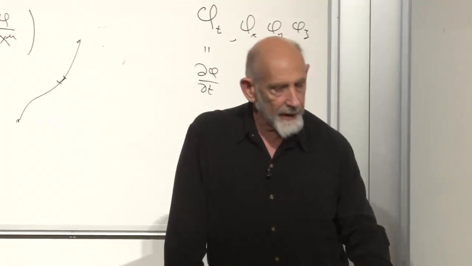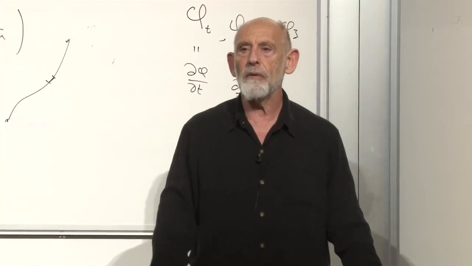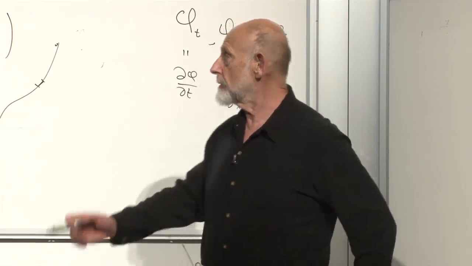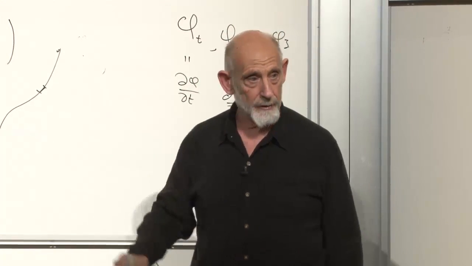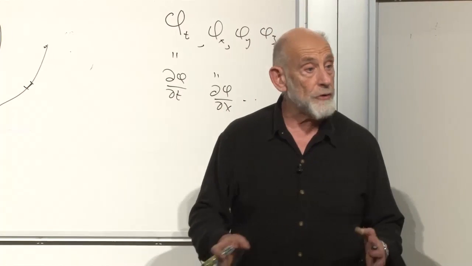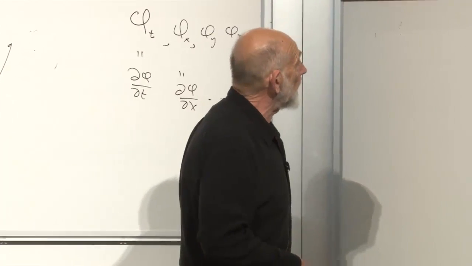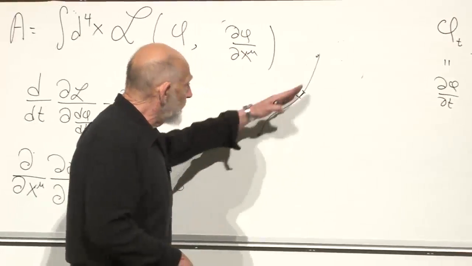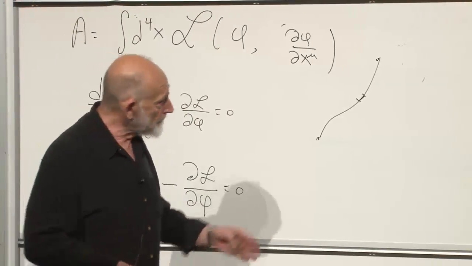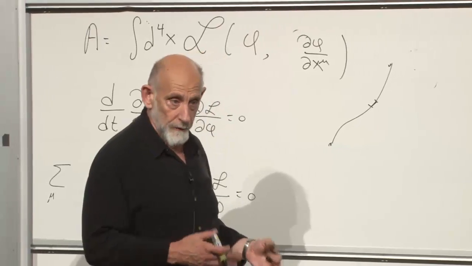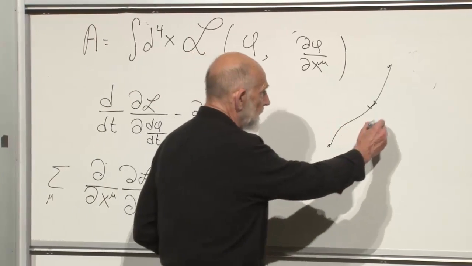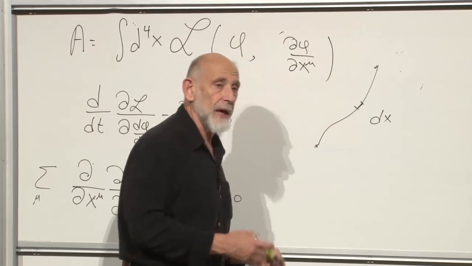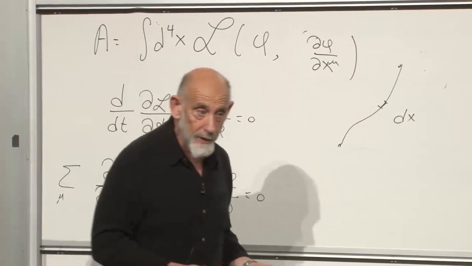So to that end, we have to know how to form invariant quantities, integrals like this, which are invariant. To do that, we have to know how things transform. We could not have done this if we didn't have a transformation law for the coordinates, for the dx's. How do dx's transform under a Lorentz transformation?